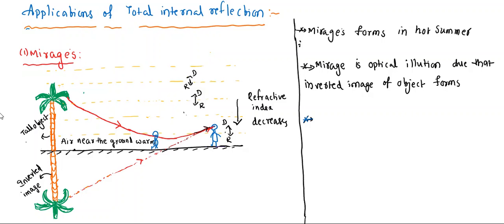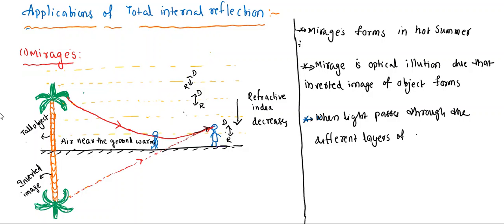When the person observes tall objects, when light passes through the different layers of air, the different layers of atmosphere, it bends away from the normal.